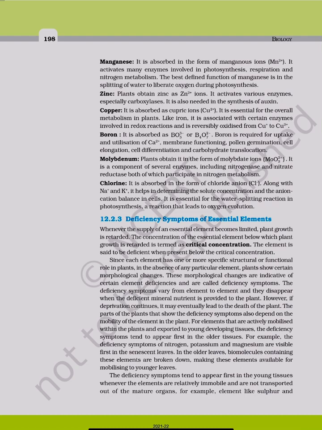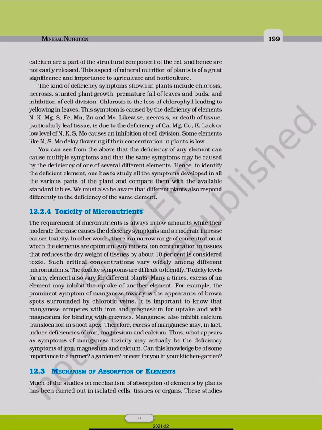The deficiency symptoms tend to appear first in the young tissues whenever the elements are relatively immobile and are not transported out of the mature organs. For example, elements like sulfur and calcium are a part of the structural component of the cell and hence are not easily released.